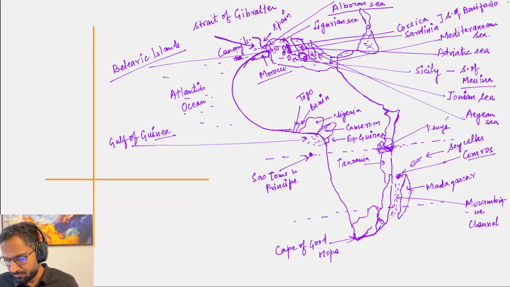And after Kenya, the southern part of Somalia again touches equator, and this again elongated country till here is Somalia. And this part of Africa is called Horn of Africa.